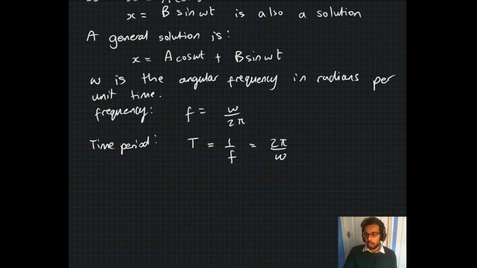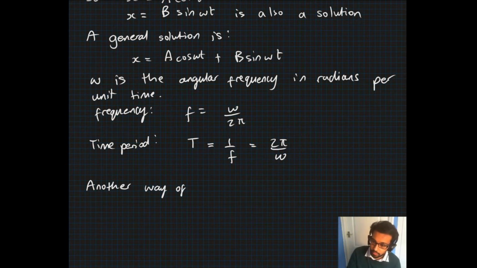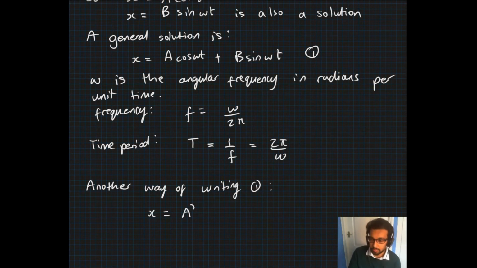Okay, so another way of writing this general solution is using trigonometric identities to turn this cosine and sine into a single cosine. So another way of writing the general solution, so let's just label this as 1, is x equals a prime, so there'll be a different constant outside at the front, which we just indicate by a prime, times the cosine of omega t plus some new phase factor phi.